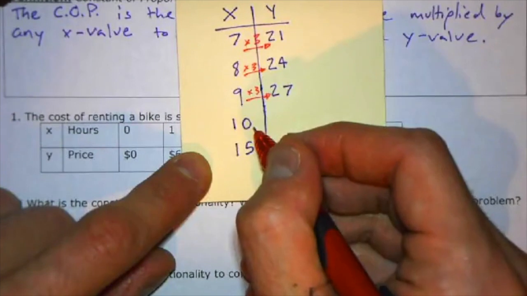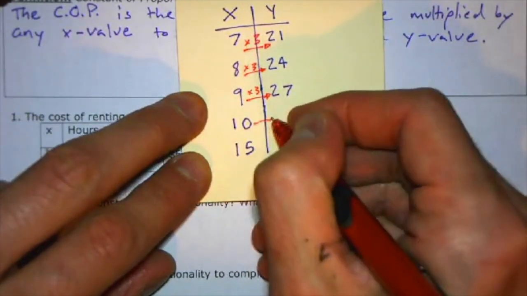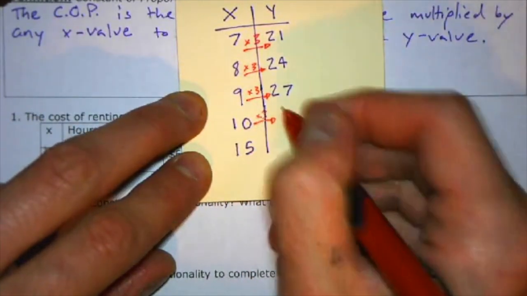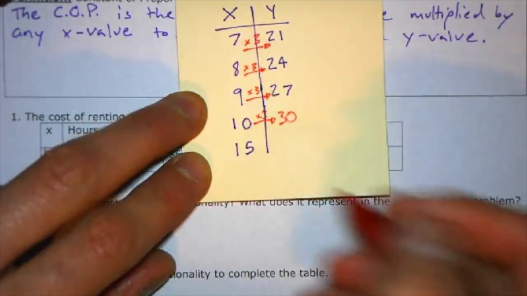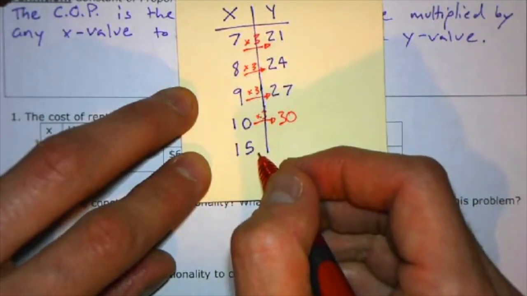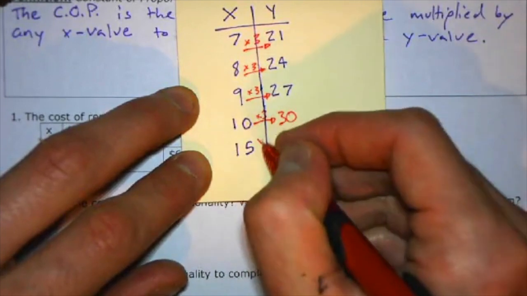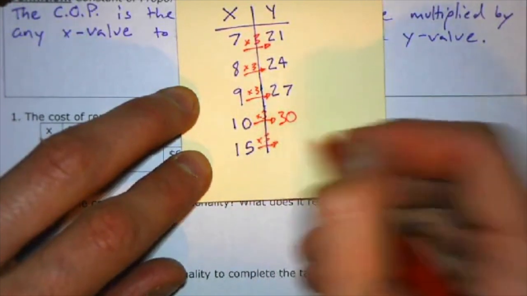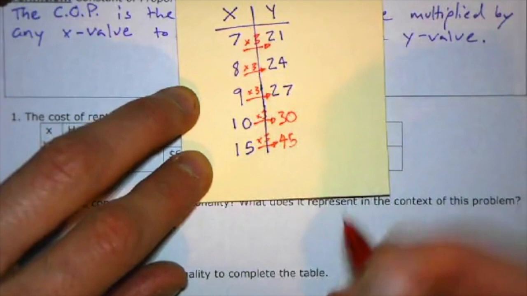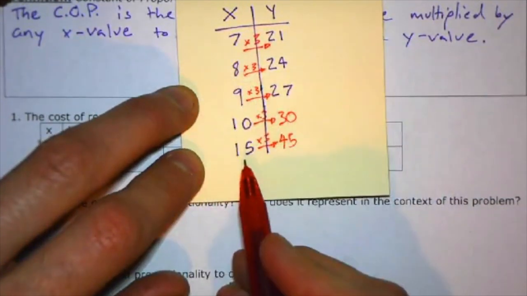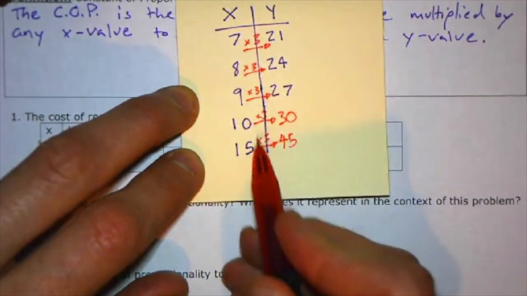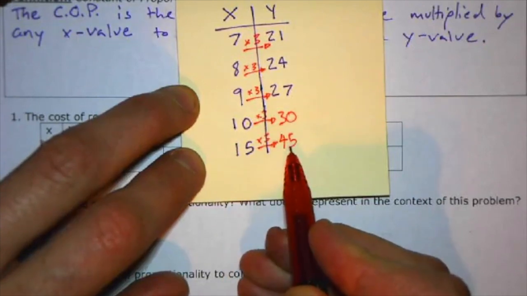So if I have an x value of 10, all I have to do is multiply by 3. The y is 30. If I have an x value of 15, all I have to do is multiply by 3. The y is 45.